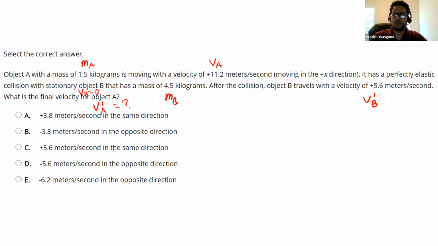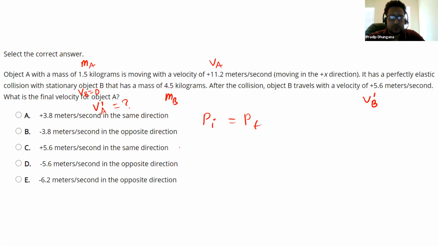To solve this problem, we'll use the conservation of momentum. That means total initial momentum is equal to total final momentum. Pi is momentum before the collision, Pf is momentum after the collision.